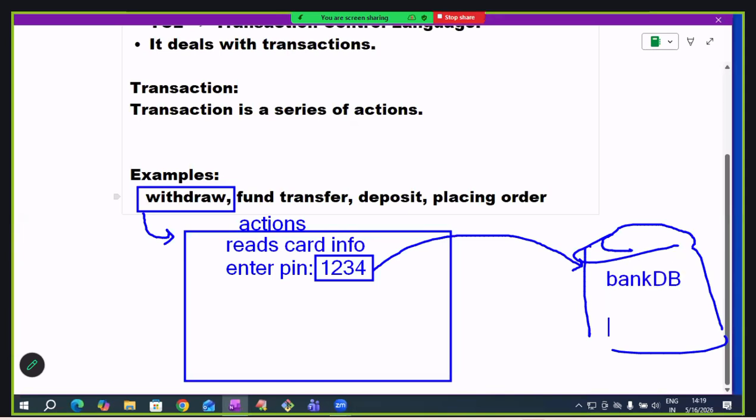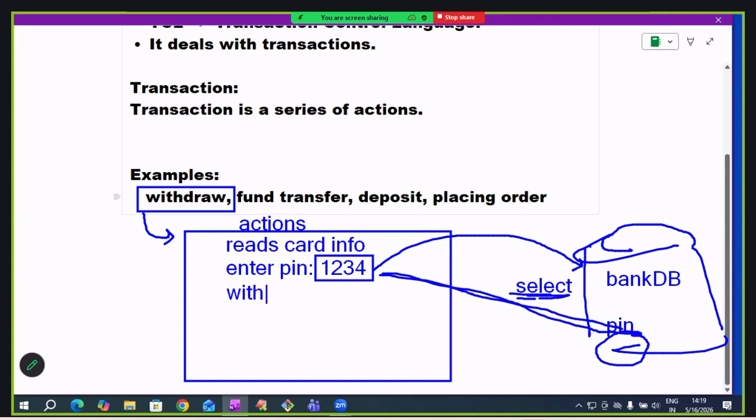In the bank database, they are maintaining PIN numbers. Your entered PIN number, is it matching with this bank database PIN number or not? It has to check. For this, internally, select command will be used to check whether your PIN number is correct or not. Okay, you are valid user, displaying menu.